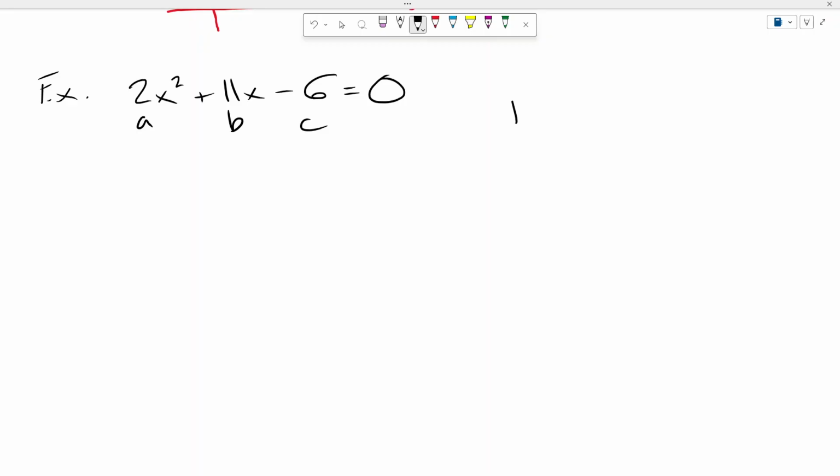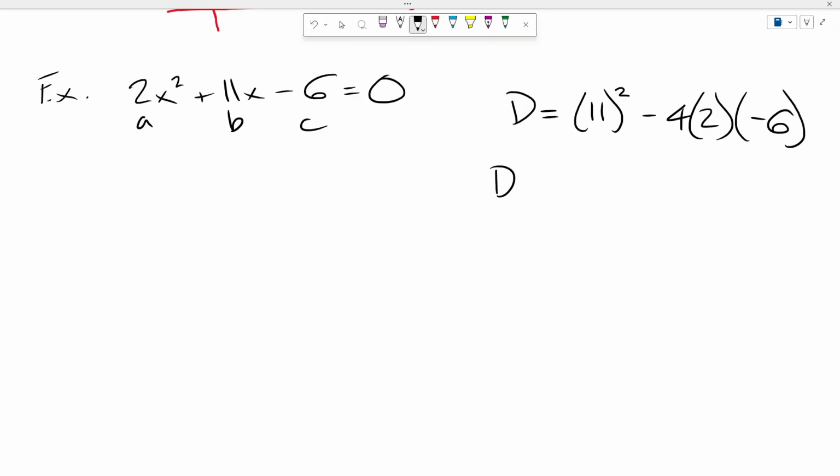So the discriminant is equal to b squared, so 11 squared minus 4 times a times c, negative 6. So we end up with 11 squared, that's 121, minus 4 times 2 is 8, times negative 6 is negative 48.